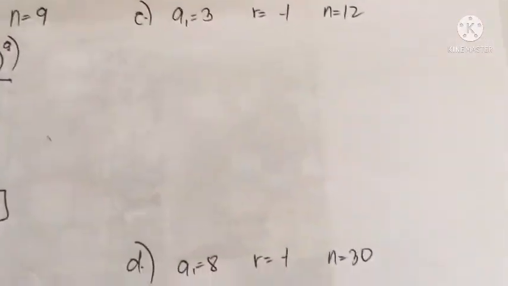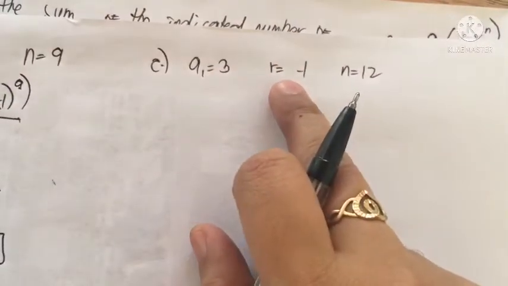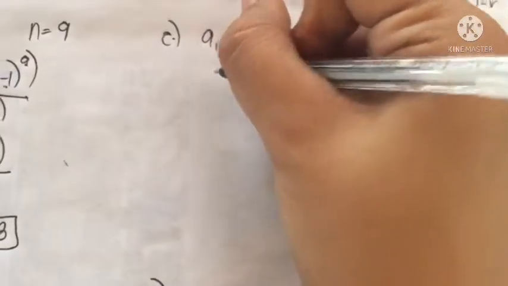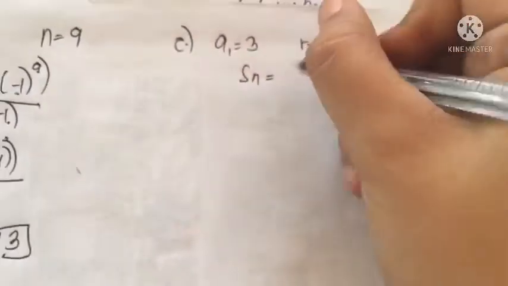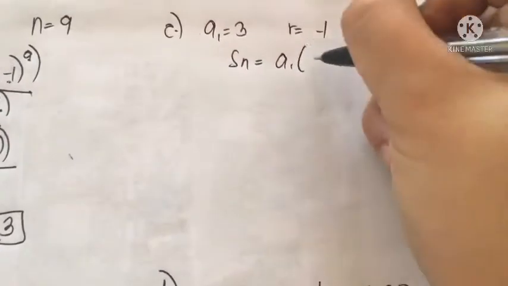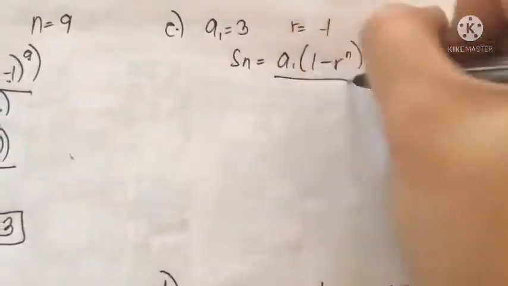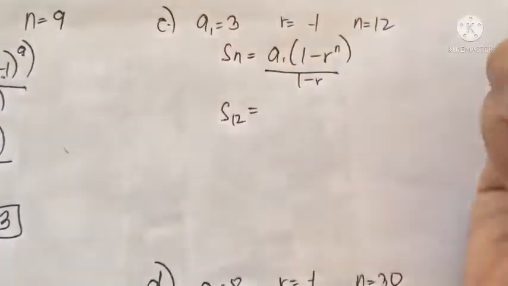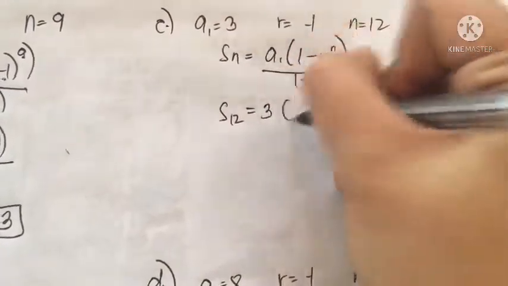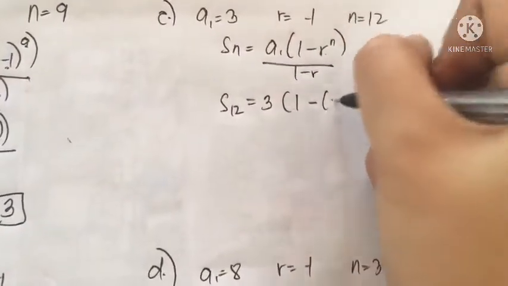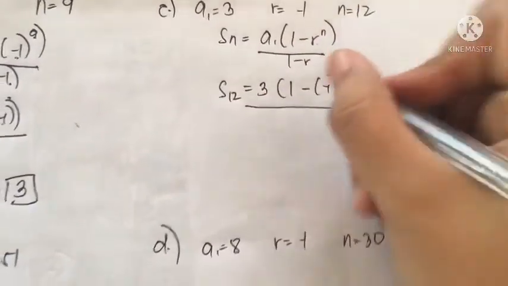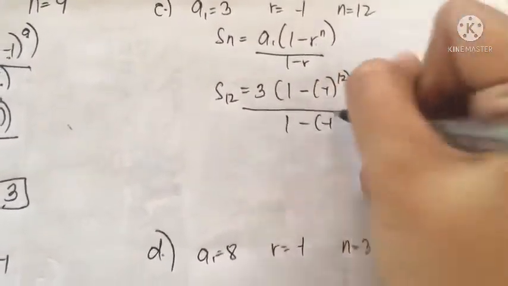Okay? So, next, letter C. First term natin is 3. Ratio natin negative 1. N natin is 12. So, magiging formula ulit. S sub N is equal to A sub 1 times 1 minus R raised to N over 1 minus R. So, S sub 12. First term natin is 3 times 1 minus ratio natin is negative 1. Ang N natin is 12. Okay? Over 1 minus negative 1.